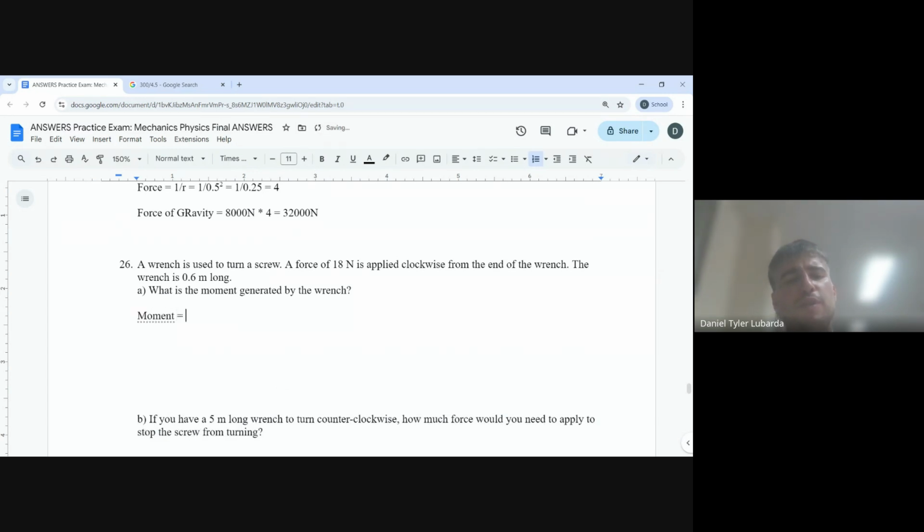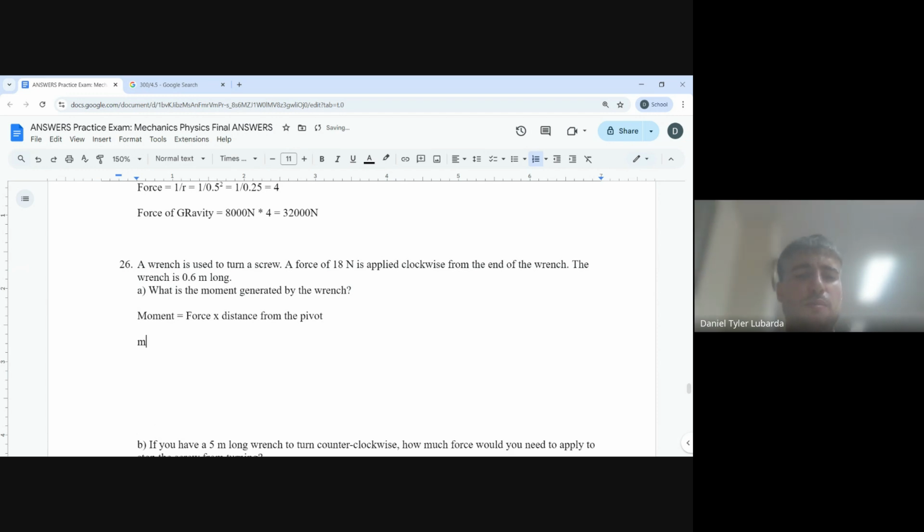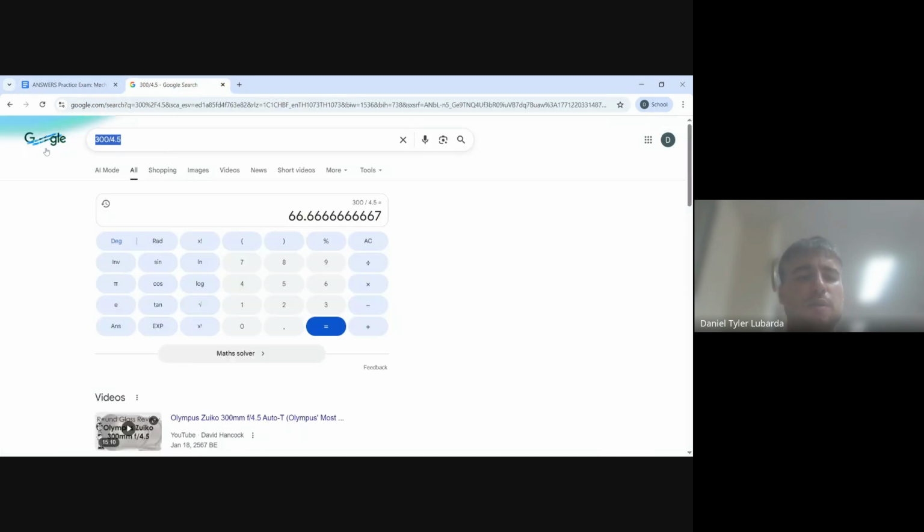We said before, moment is just equal to force times the distance from the pivot. So, moment here equals a force of 18 newtons times 0.6 meters. I do not want to do that in my head right now.